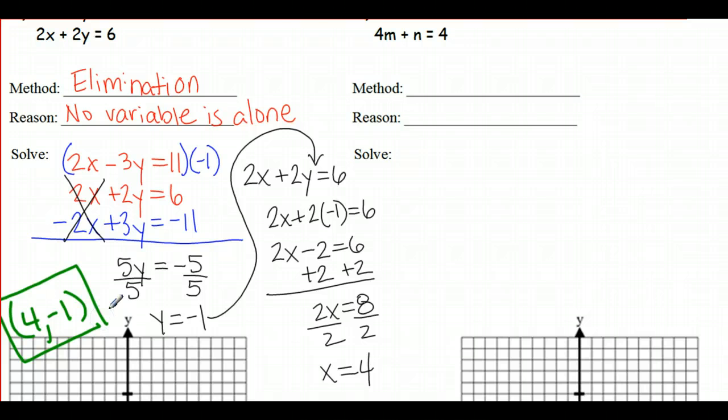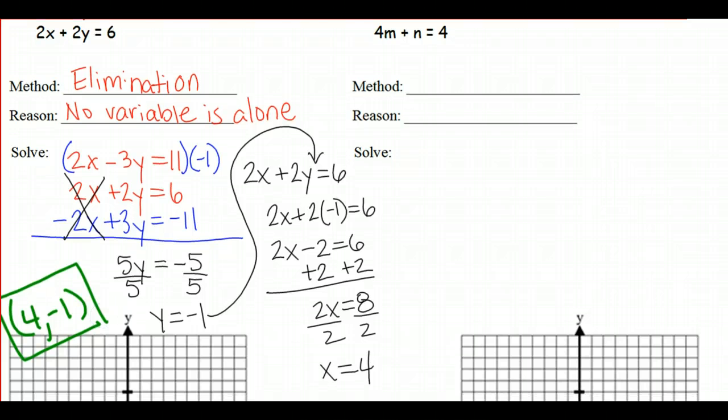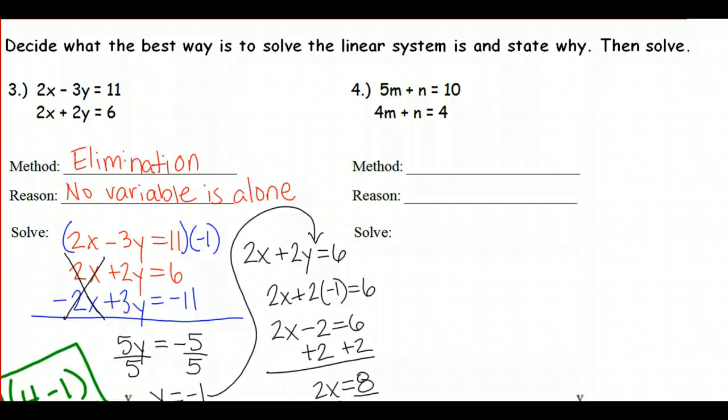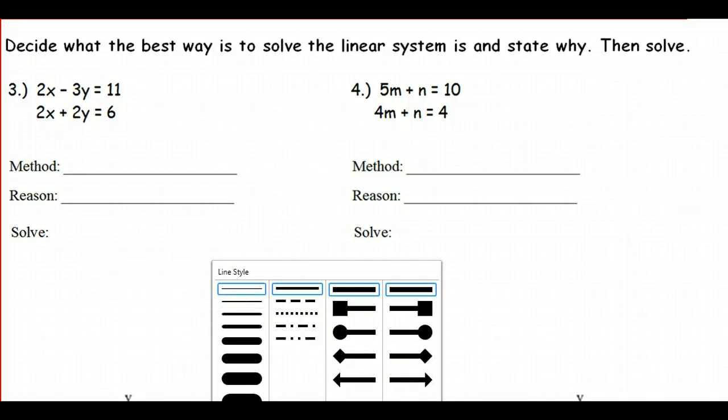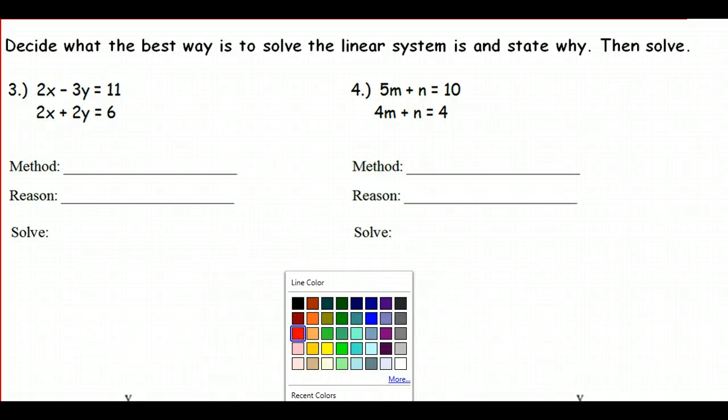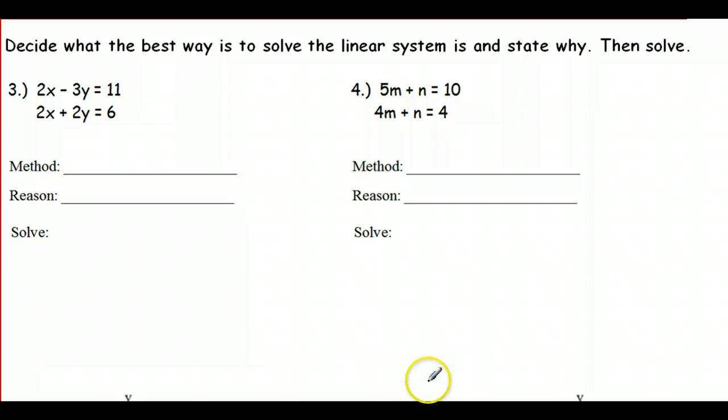Okay, let's go ahead and do the next example. Before we get started, I'm going to clear the page. Alright, looking at this problem, I'm again going to choose linear combination. Now the reason I'm choosing linear combination here is because all of my terms are lined up. So what method? Elimination, also known as linear combination.